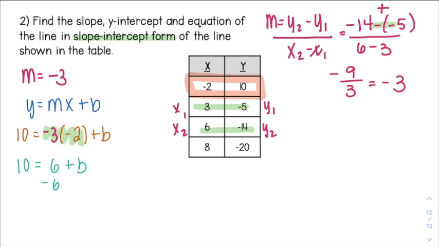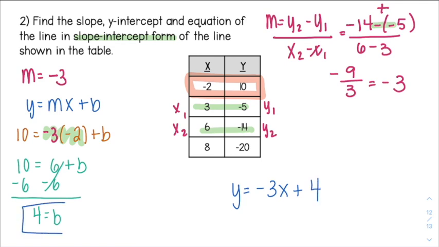I'm going to subtract 6 from both sides. 4 equals b. So my y-intercept is 4. So that means my equation is going to be y equals negative 3x plus 4, because it is a positive value. That is my equation.